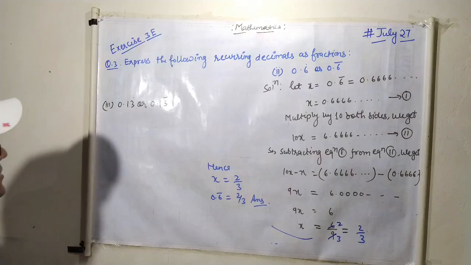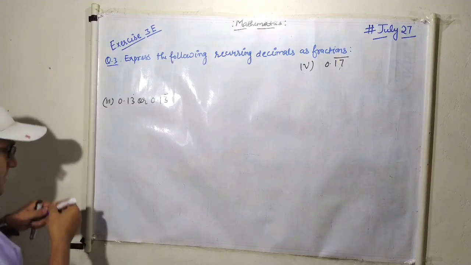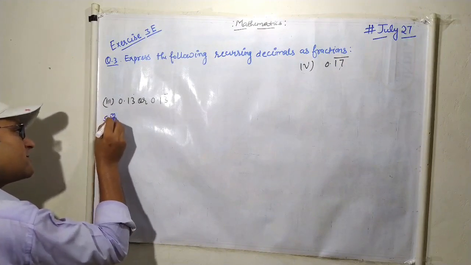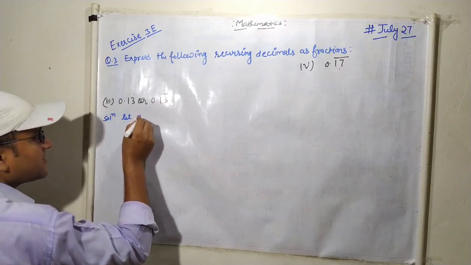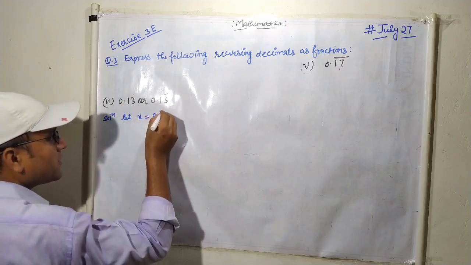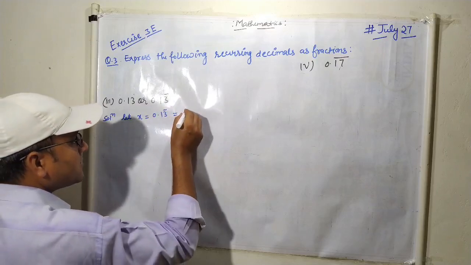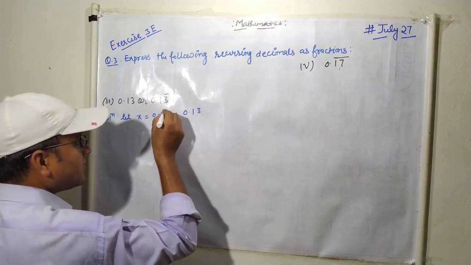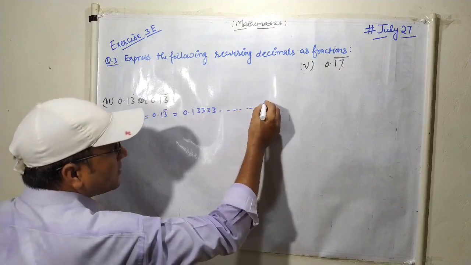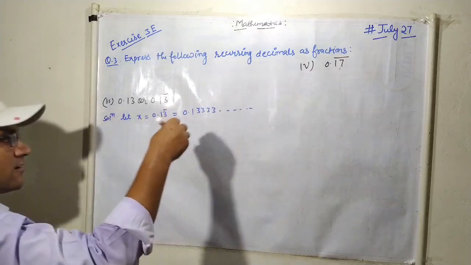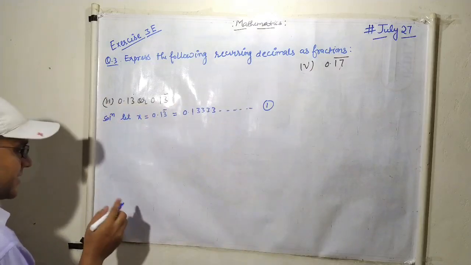Okay, 0.13 bar. Okay, students, so in your solution we suppose let x is equal to 0.13 bar. Or you will write this one 0.1333, 3 only repeating, so 3 3 3 and so on. This is your equation 1. Okay, this is the value of x.